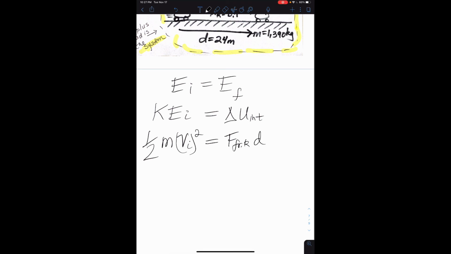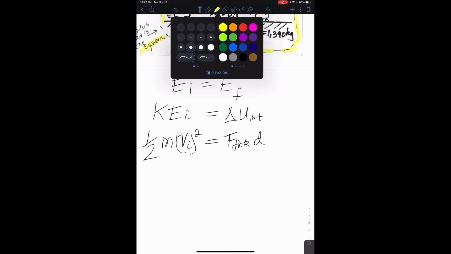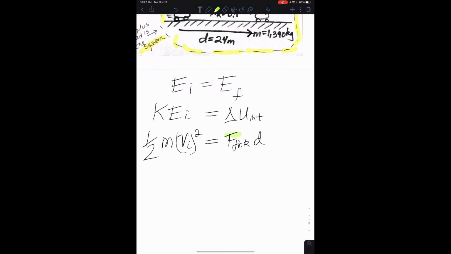Good, but we run into a problem. The problem didn't tell us what force friction kinetic is, right?